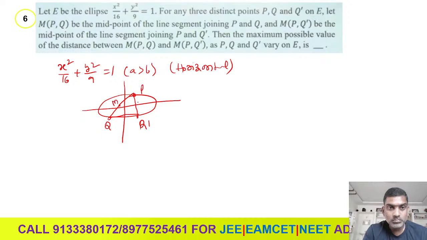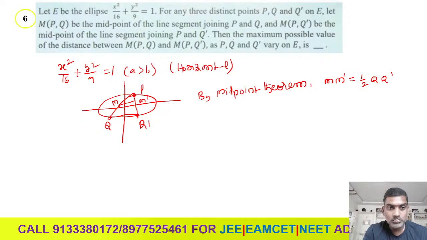M is the midpoint of PQ, M dash is the midpoint of PQ dash, join M M dash. By midpoint theorem, we can say that M M dash is half of QQ dash.